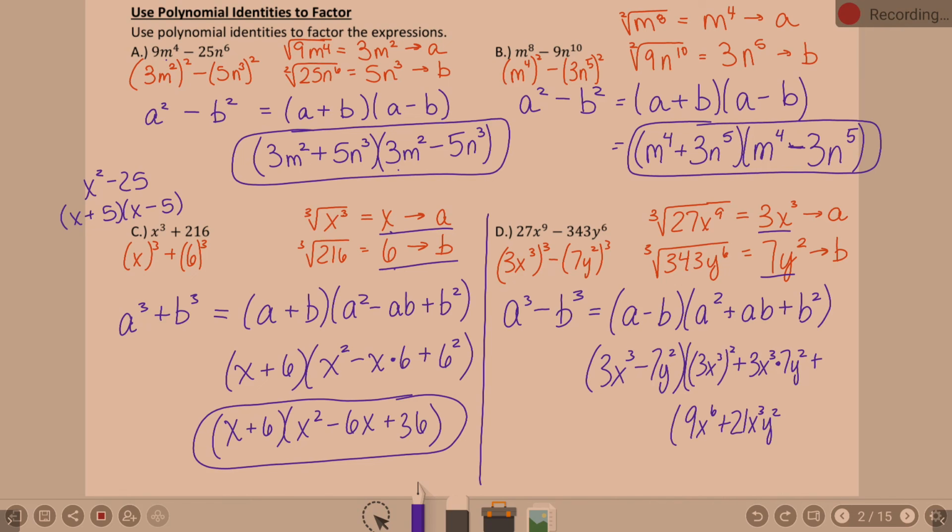B is 7y squared, and then we are squaring it, yes? What is 7y squared quantity squared? 49y to the 4th. And out front, 3x cubed minus 7y squared.